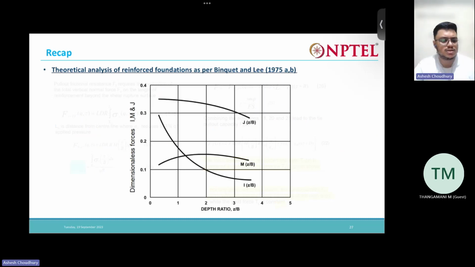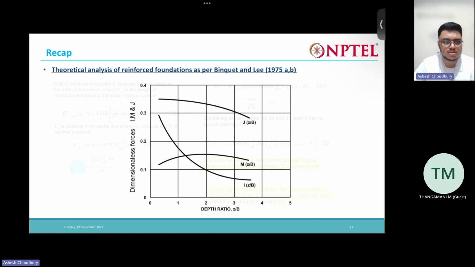What is the question that has been given in the assignment? Is it for width one, depth one?